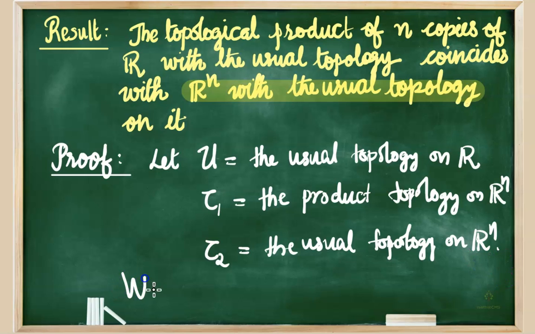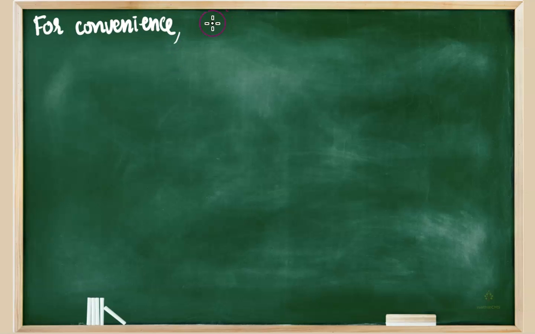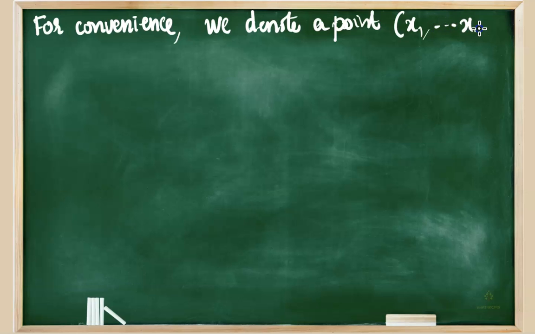We have to show that τ1 is equal to τ2. For convenience, we denote a point (x1, x2, ..., xn) of the set Rn by x bar and so on.